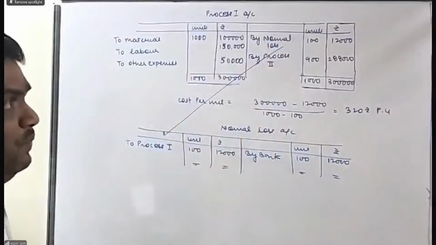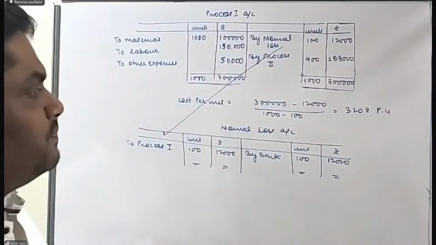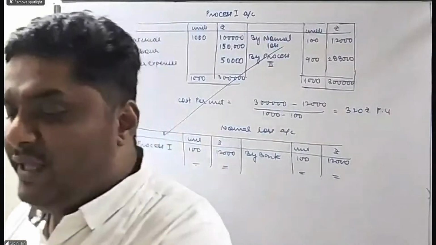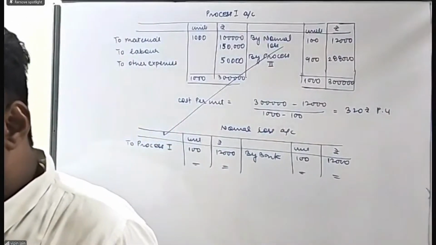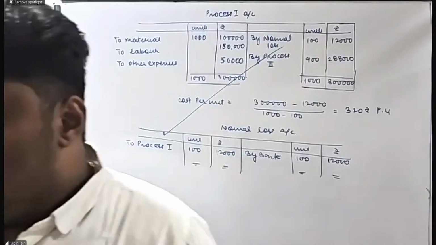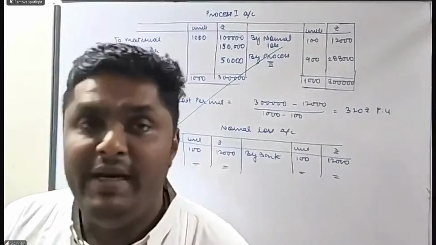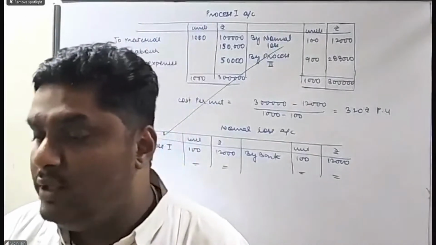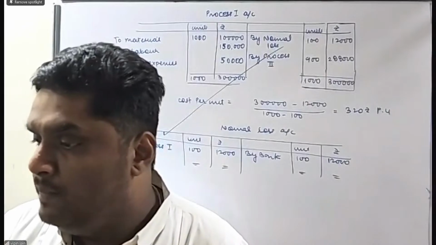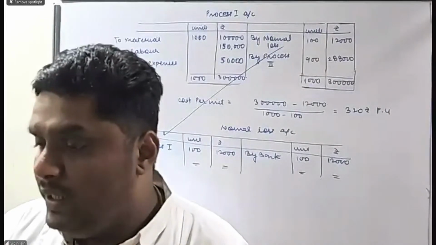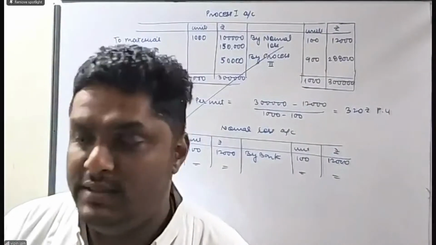I request you guys to please copy the solution. And if you guys have any doubts or queries, you can please post. So this is how normal loss will be dealt with in process account, and this is how the normal loss account will be prepared. If you have any doubts or queries, please post your queries.